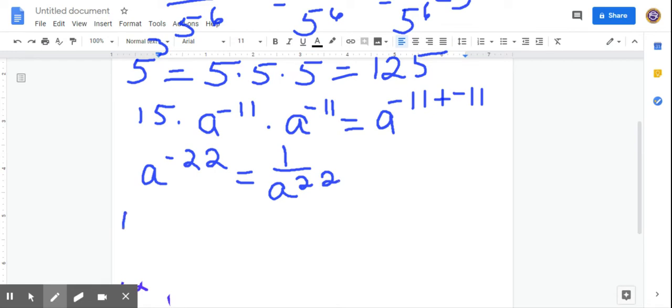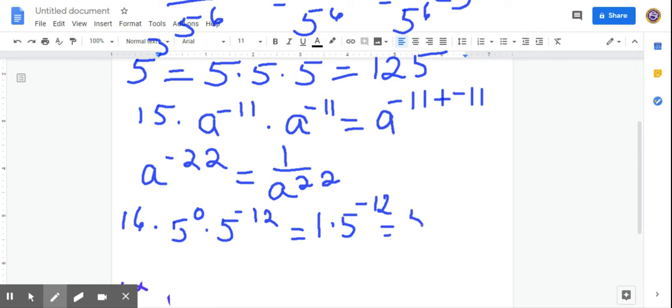Number 16. So 16, we have 5 to the 0 power times 5 to the negative 12th. So we're multiplying. Actually, we can remember that anything to the 0 power is 1. 1 times 5 to the negative 12th power is just 5 to the negative 12th power.